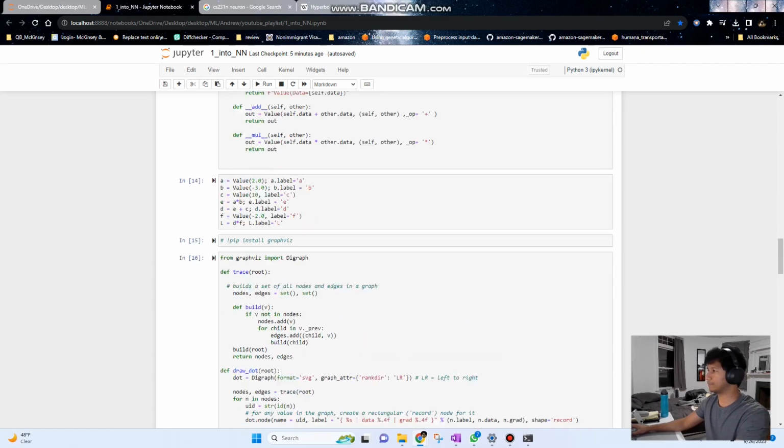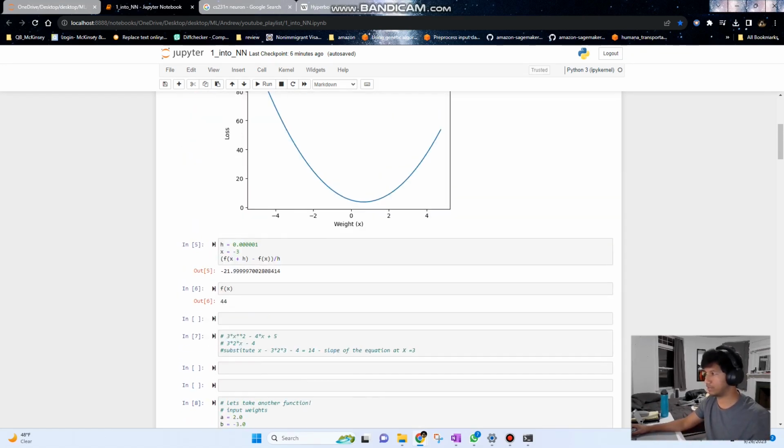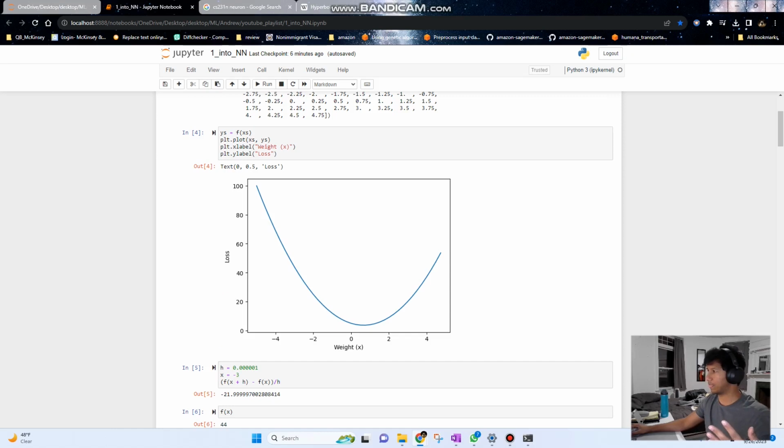So the graph that we are seeing here is not how a real world loss looks. The real world loss looks very nonlinear. This plot is drawn on one weight value, but in a huge neural network, we'll have thousands of weights, so we'll have 1,000 dimensions. Imagine this curve in that 1,000 dimension space.